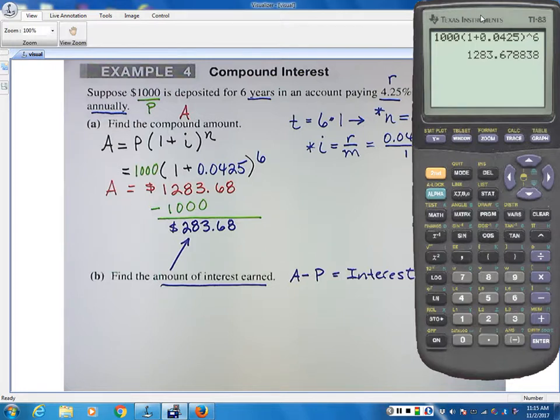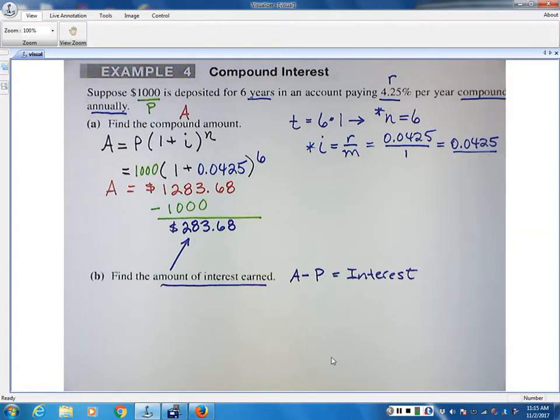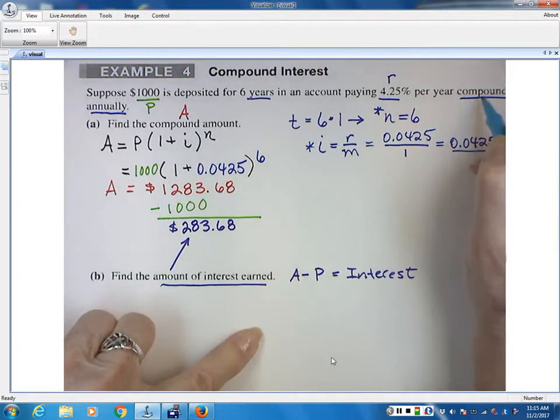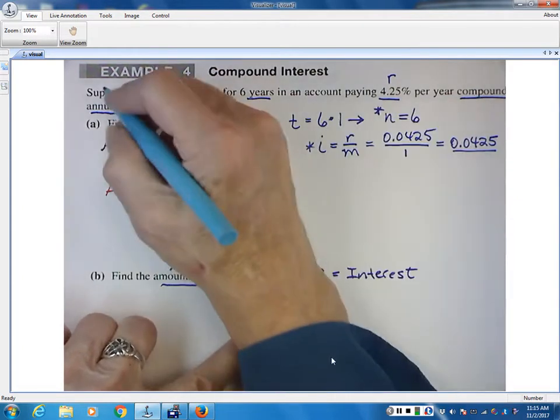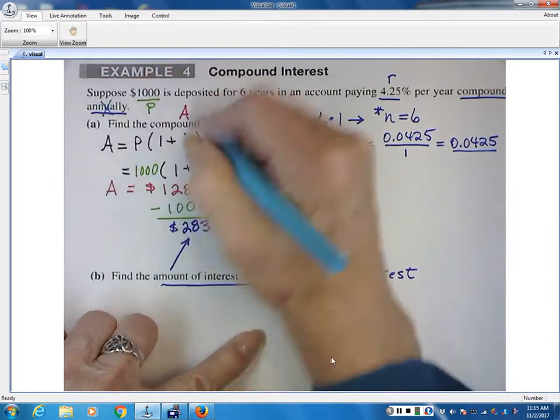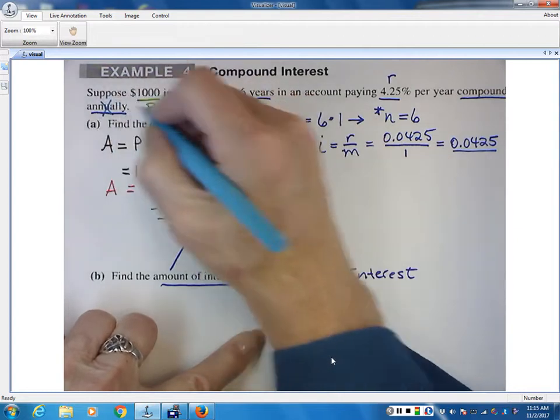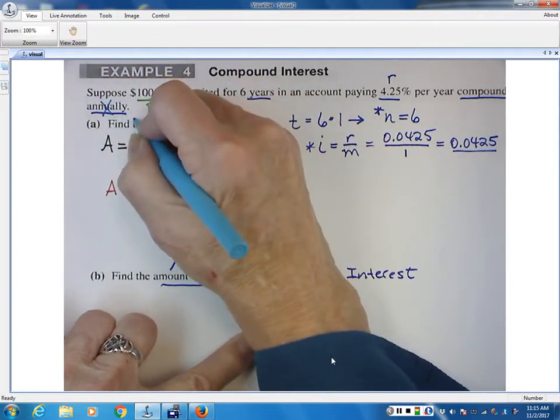Okay, let's play a little what if. I'm going to change one thing. What if I didn't compound annually? What if I compounded monthly?